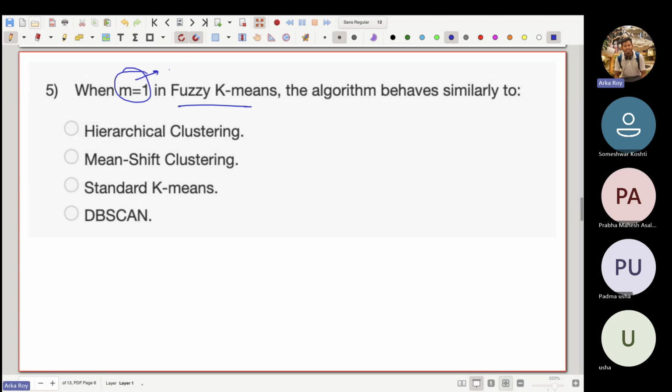So there is no fuzziness, and therefore this becomes standard k-means clustering.